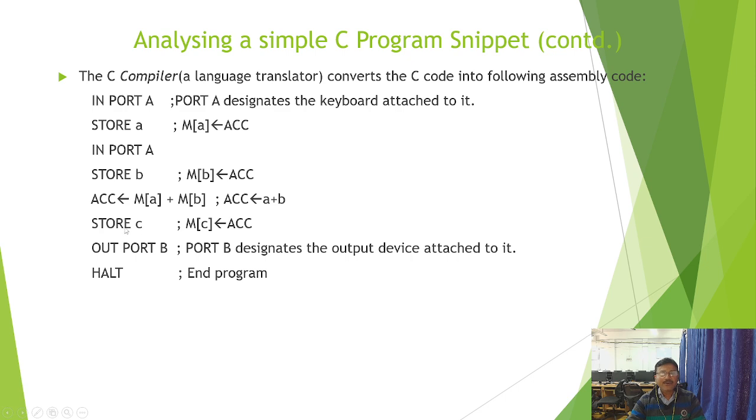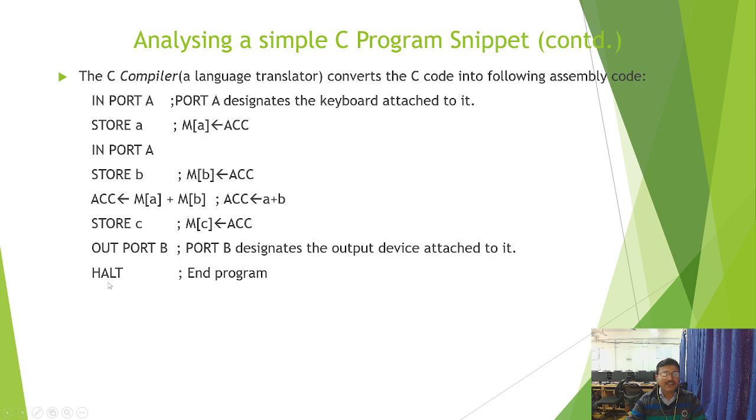Now, just storing the value of C is not enough for our requirement. It is time to display that value of C to the output device. The next instruction is output B. That means port B is designated for the output device attached to the system, and out is the essential instruction for that purpose.